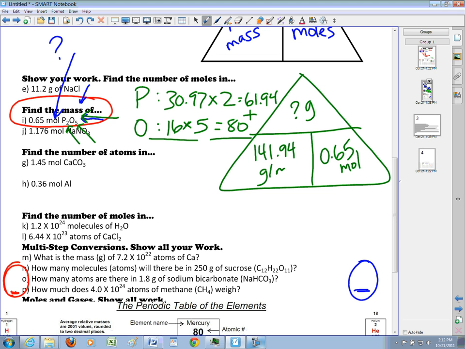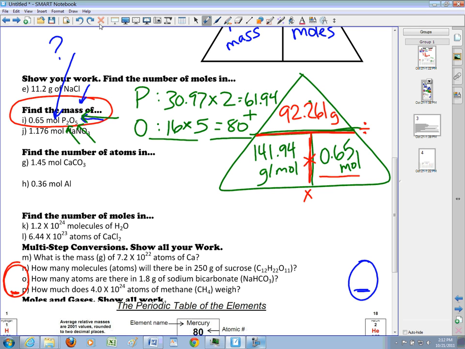per mole. Okay. Now I know that this line here, the horizontal one, means divide. Remember, the vertical one means multiply. So I'm going to take my 0.65 moles, I'm going to multiply that by 141.94 times 0.65, and my answer is, I get 92, just erase this here, that's where I get my answer, 92.261 grams.